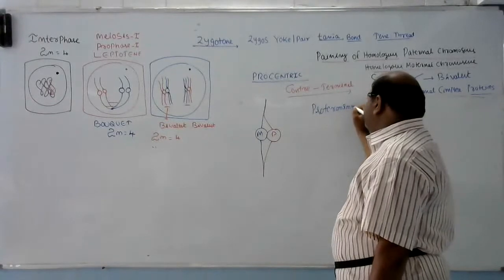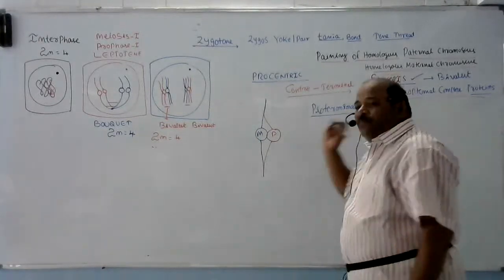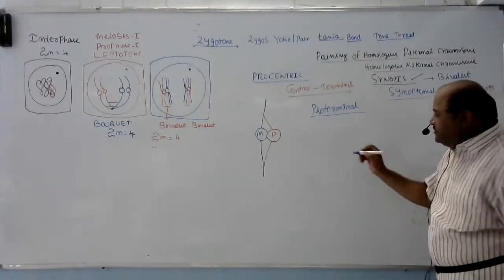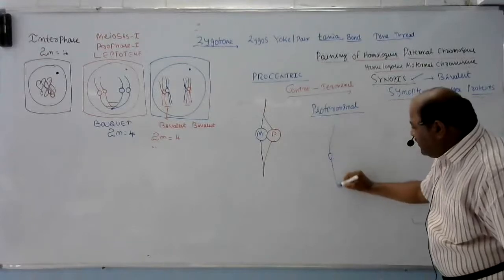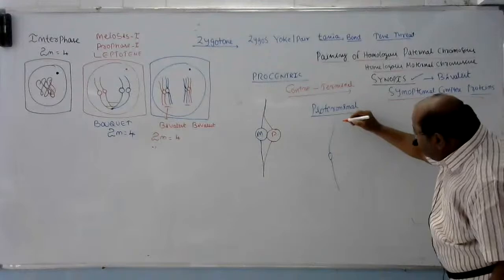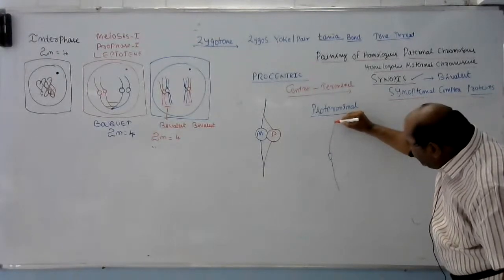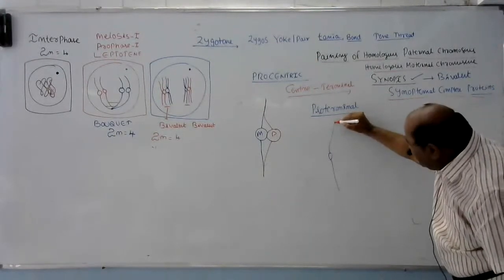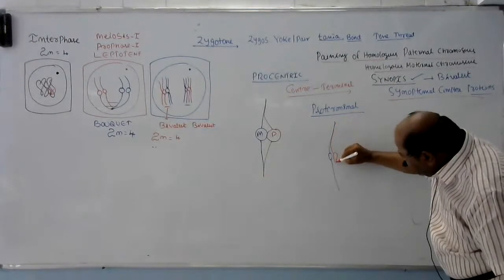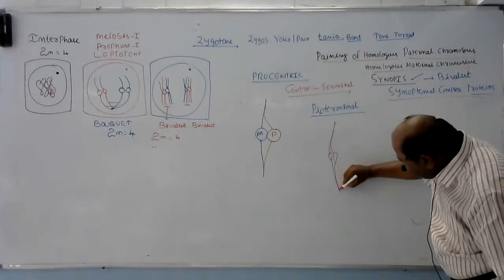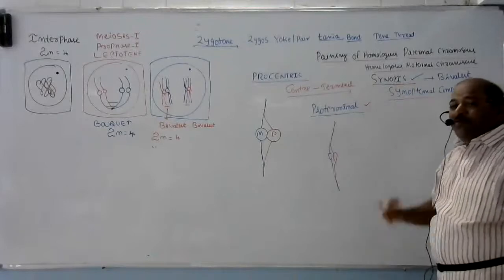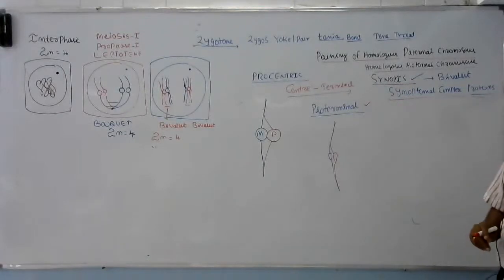Another one is proterminal. Pro means first, terminal means terminal portion. This is the homologous paternal chromosome. The maternal chromosome will come and attach at first on which side? The terminal side. Now the pairing will take place towards the center. This process is called proterminal.